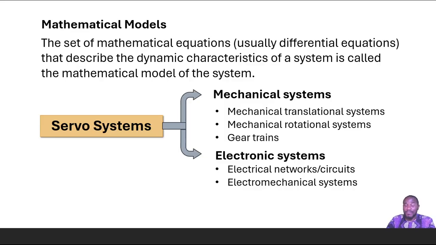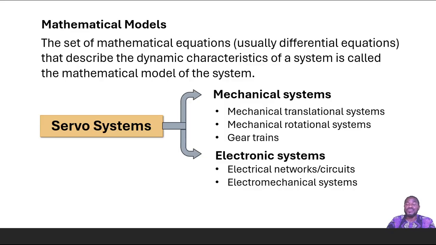Okay, so we have defined mathematical models as the set of mathematical equations, and these are usually differential equations, that describe the dynamic characteristics of that system. That's what we call the model of the system.